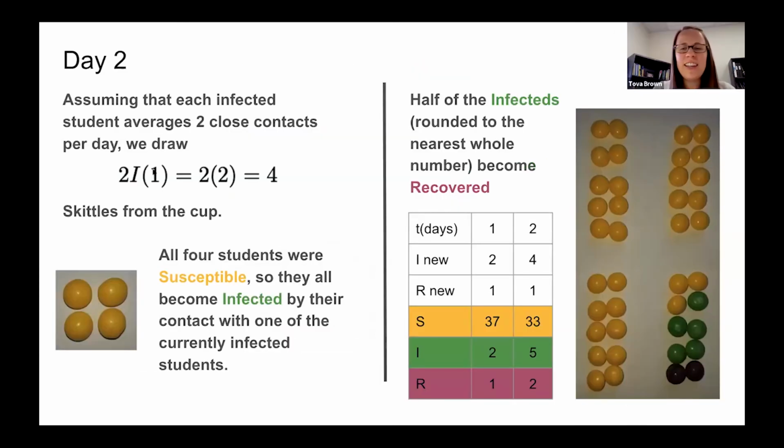Can I check in quick before we go to day 2? Check in the chat. Those of you who chose the data 2 tab, so you're doing experiment 2, how many people do we have doing that? Hopefully we've got a couple. If you're doing experiment 2 on day 1, how many susceptible people did you end up with? Type it in the chat. Do you have anybody doing that?